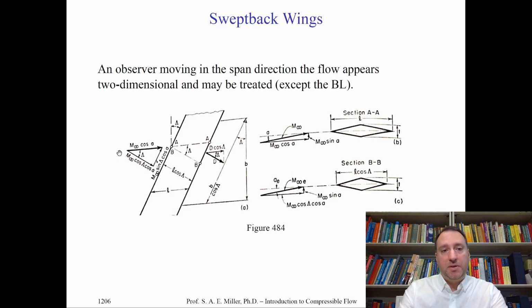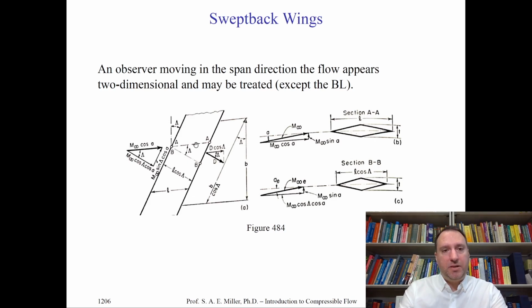The incoming Mach number is M infinity. The Mach number normal to the wing leading edge is M infinity cosine A cosine alpha. And of course, the tangential direction is M infinity sine A cosine alpha. So this is just from trigonometry.